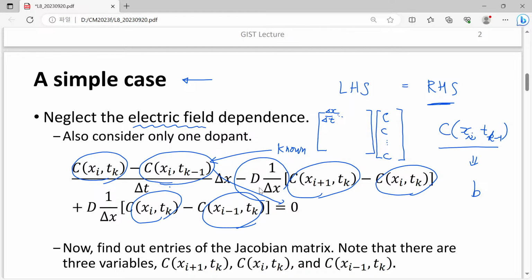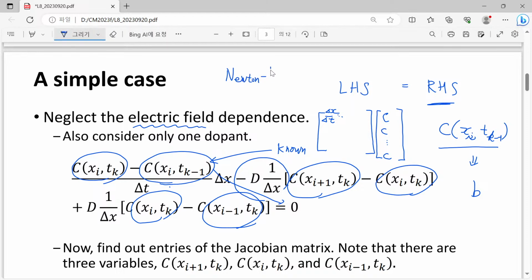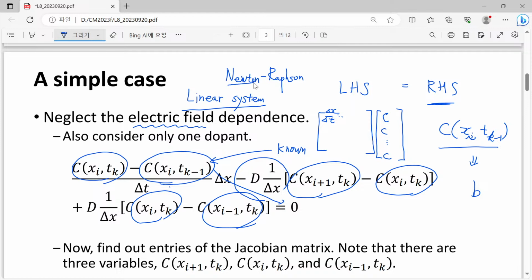That was our previous way to solve it, but now we have a new tool called the Newton-Raphson method. Since the Newton-Raphson method can solve a nonlinear case, a linear system can also be solved by it, and it will give us a trivial solution.